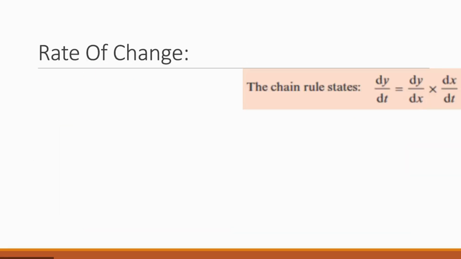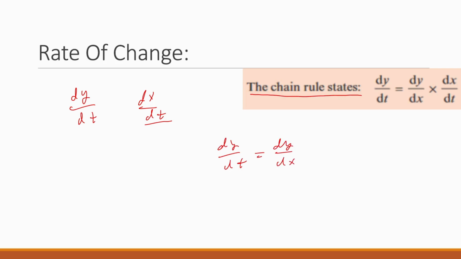So now we are going to discuss the rate of change. Basically the rate of change is just any variable with respect to time. So for example, dy over dt or dx over dt, I can write any variable with respect to time. So dt should come in the denominator for this rate of change, and in this chapter we use the chain rule. As you can see on the right hand side, we have used dy over dt is equal to dy over dx into dx over dt.